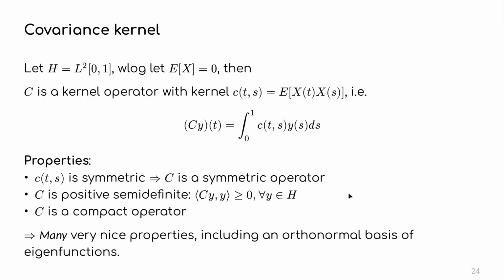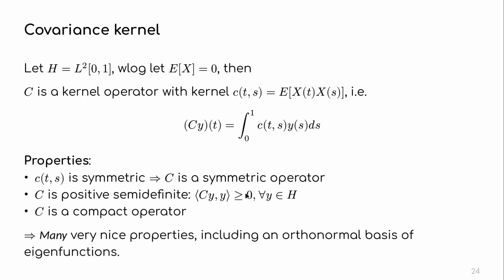Again, really nice. And finally, that's more to do with the fact that we have a kernel operator, C is what's known as a compact operator. We don't need to go into details about what a compact operator is, but all of these mean quite a lot of really nice things. For example, symmetric means that we have only real eigenvalues.